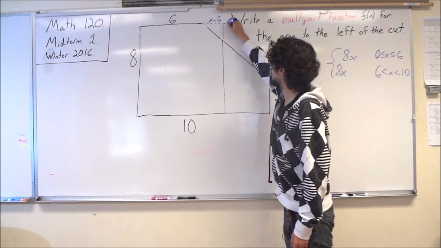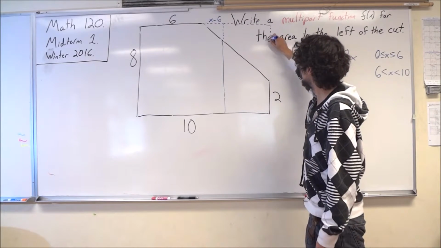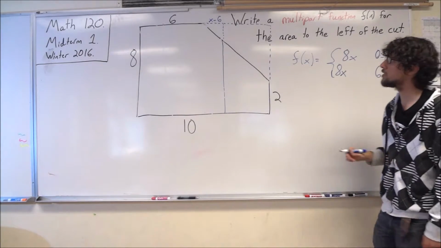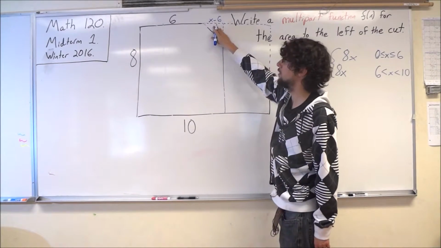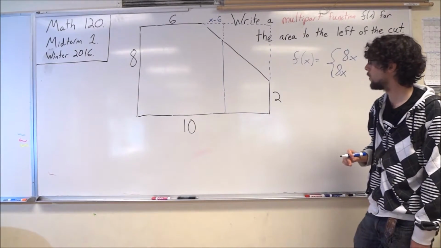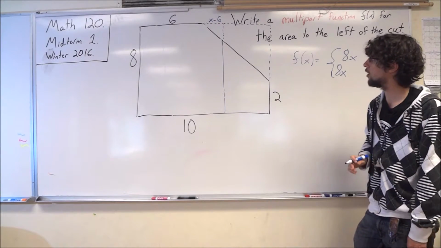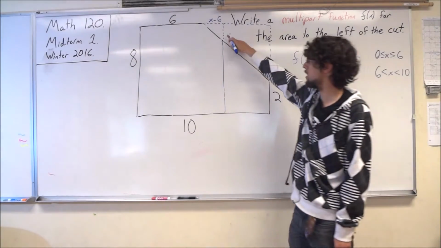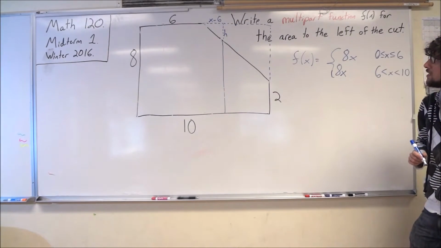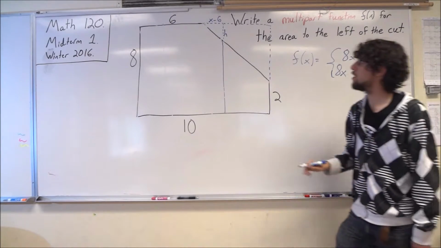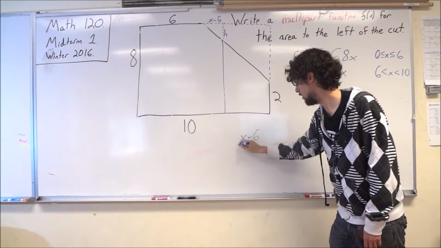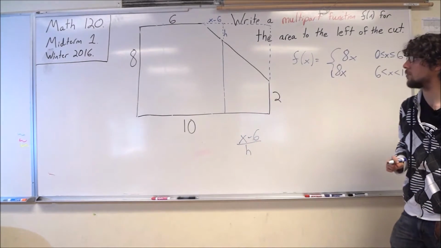Another really quite direct way to do this would be to draw a rectangle around. Notice that this triangle that we're interested in is similar to the entire triangle as a whole, so we can write a proportion to compare the sides in question. We're interested in this one, which I'll label h. The smaller triangle I can think of as having a ratio of side lengths of x minus 6 over h.